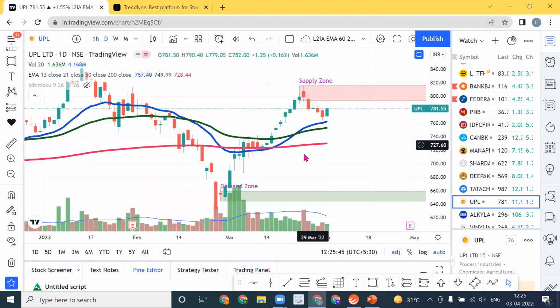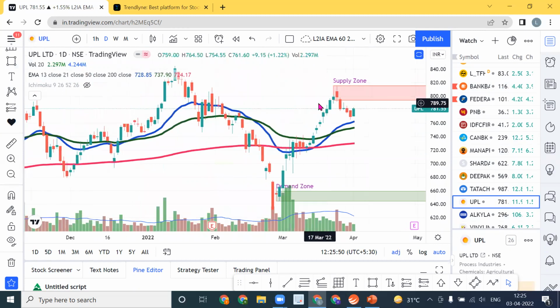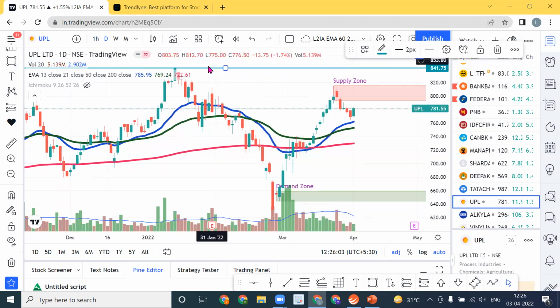So UPL is moving in this range. It is facing resistance over here. Some time back also it faced a similar resistance. One top was formed here, another top is formed here. So UPL is not in a position to do much better than this. That's all. It went to this level, now it went to this level.